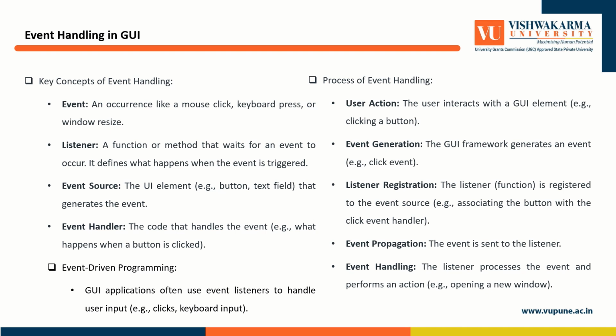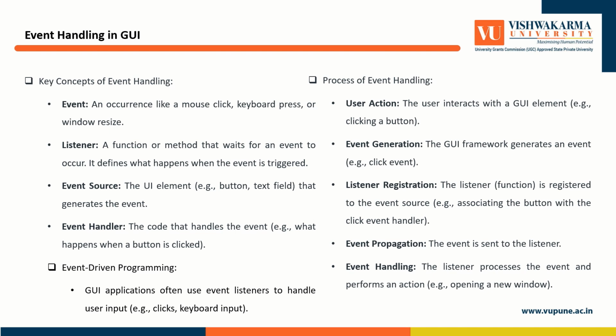So moving further, my next topic is the process of event handling. First one is user action. The user interacts with a GUI element, for example, clicking a button. Second, event generation. The GUI framework generates an event, for example, a click event. Third, listener registration.